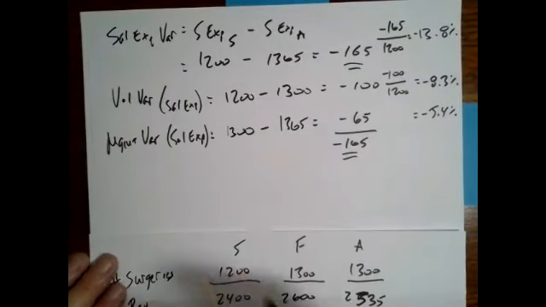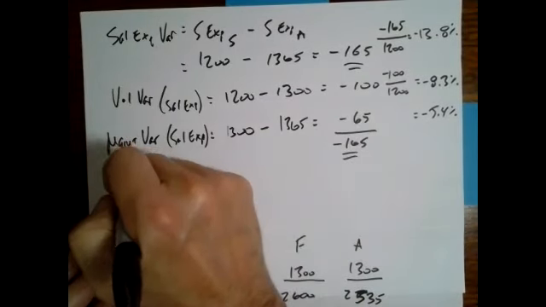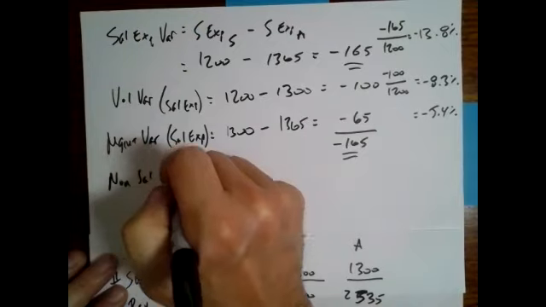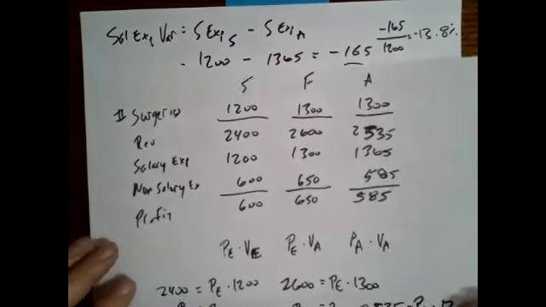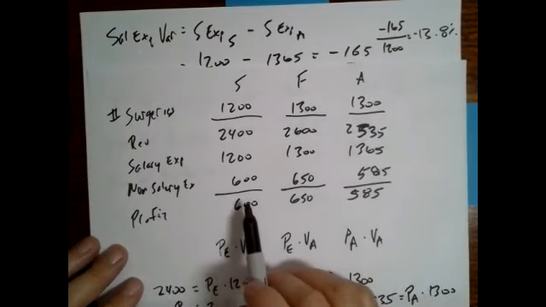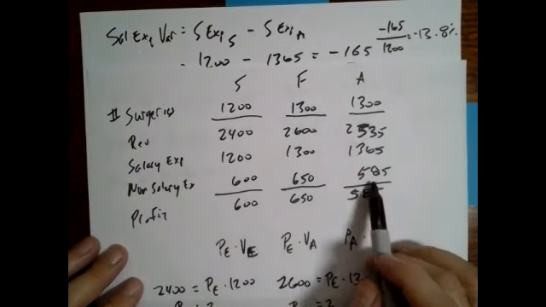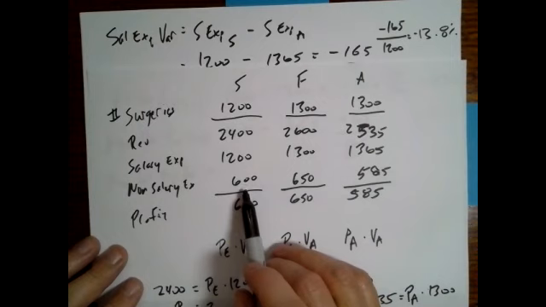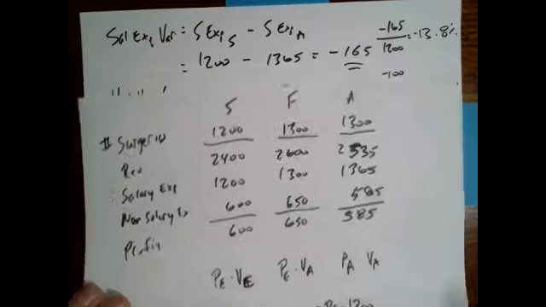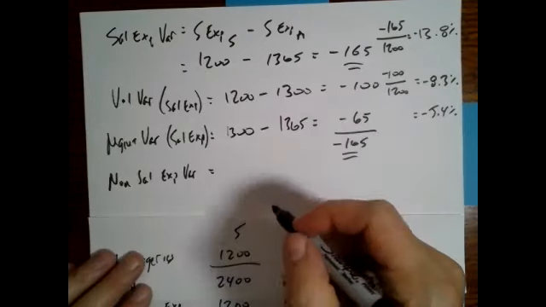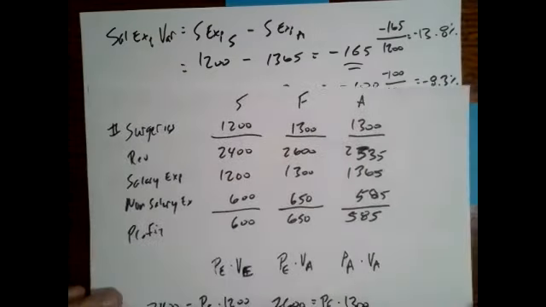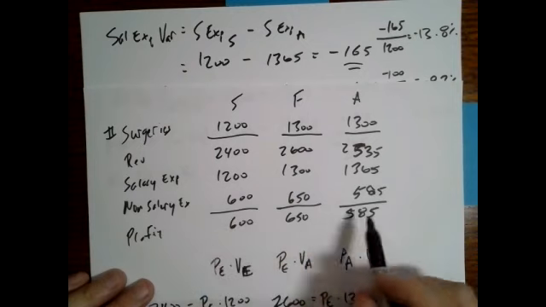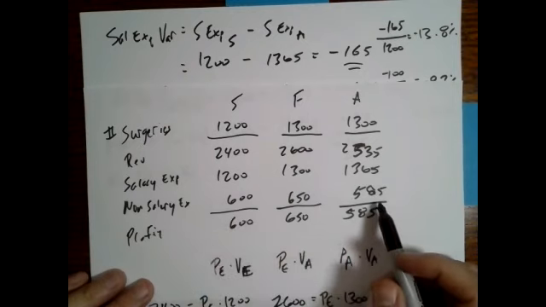So non-salary expense variance is going to equal, again, because this is an expense, we want actual to be smaller than static. So the overall variance is going to be non-salary expense static minus non-salary expense actual.